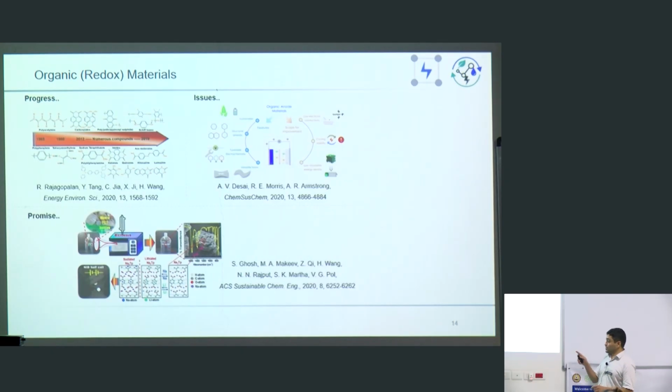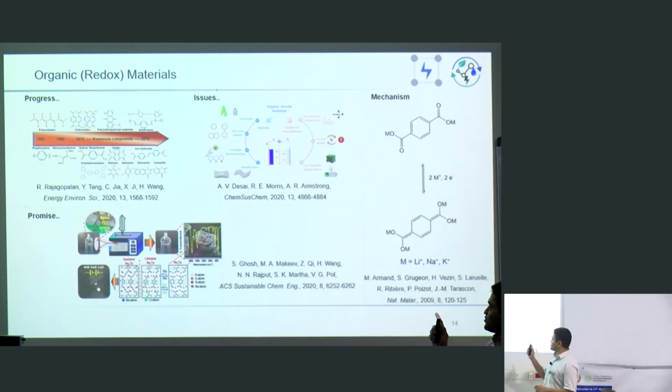And if you're wondering how this electrochemistry works, this is from a paper from Tarascon's group in 2009, where they showed that if you have an alkali, dialkali terephthalate, in this case they chose the lithium salt, and you have ion and electron insertion, you can actually have the insertion at this carbonyl site, and the double bonds kind of rearrange themselves to ensure that the aromatic nature is not lost.